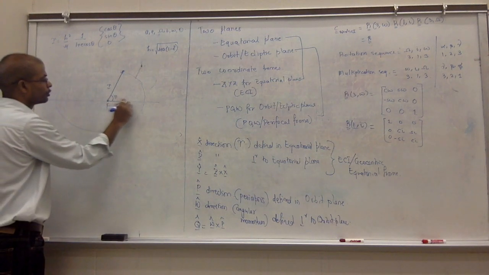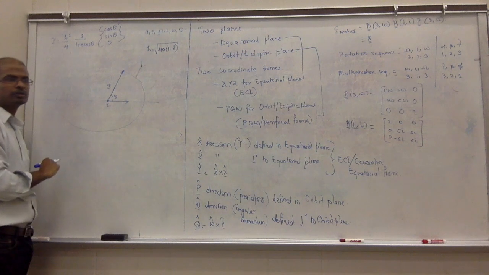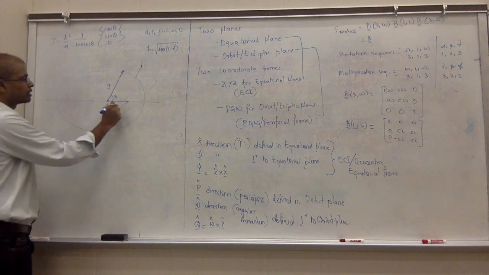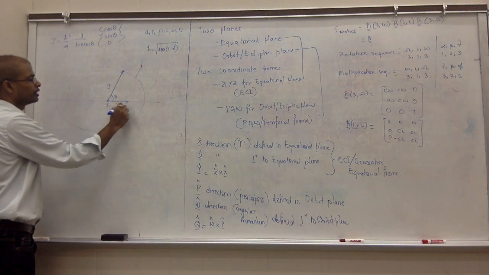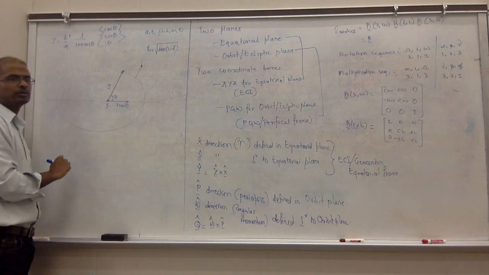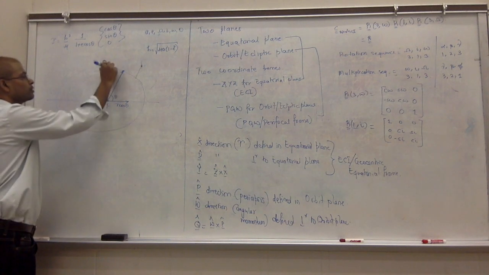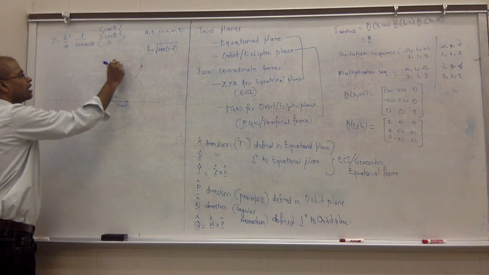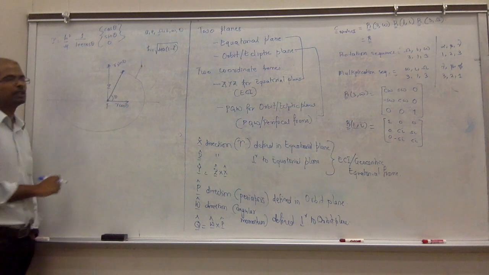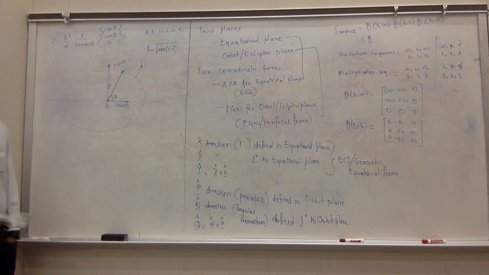Because this component would be the x component, which is R cosine theta. This is the R sine theta component. There will never be a z component of either R or B.